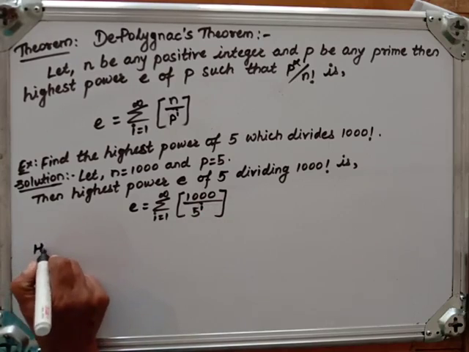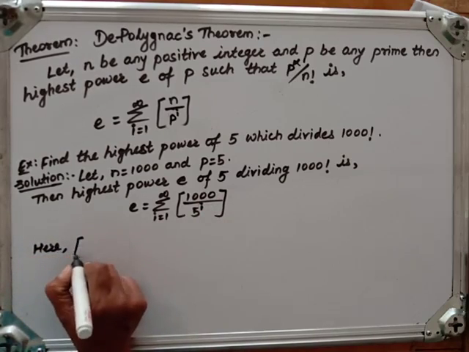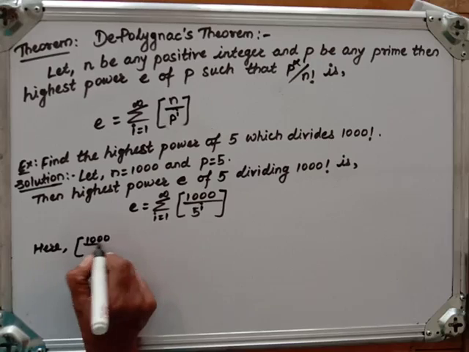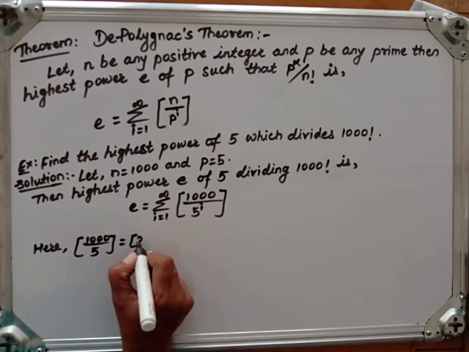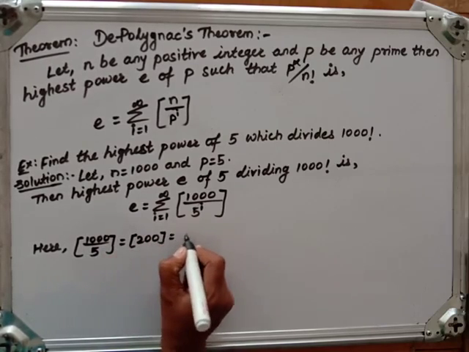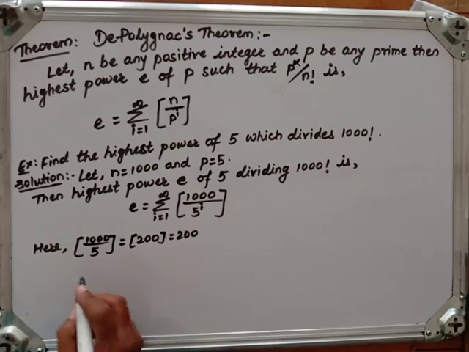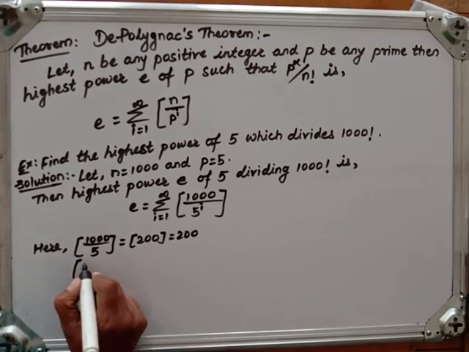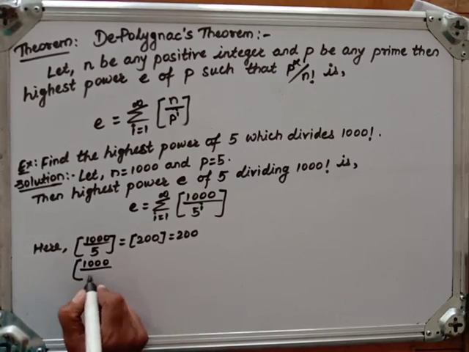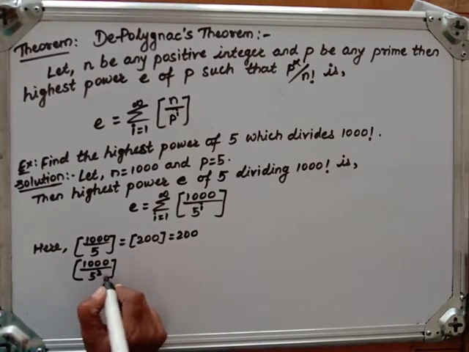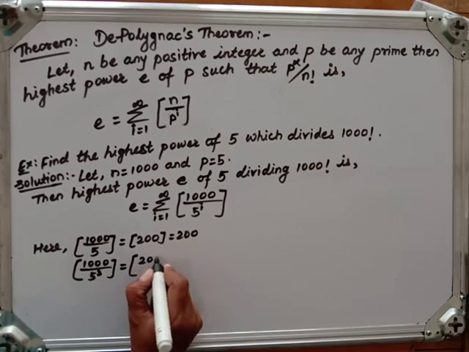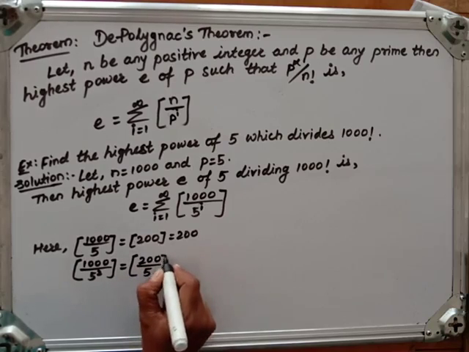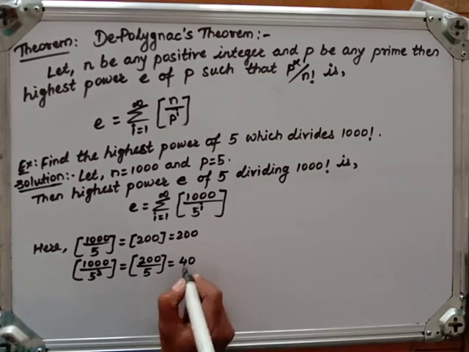Here, 1000 upon 5 raised to 1, that is 5, is equal to 200. Now 1000 upon 5 square is 200 upon 5, so it is 40.